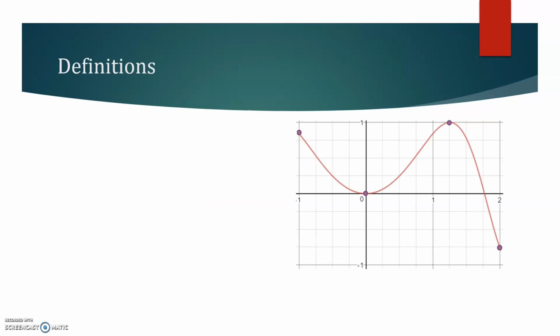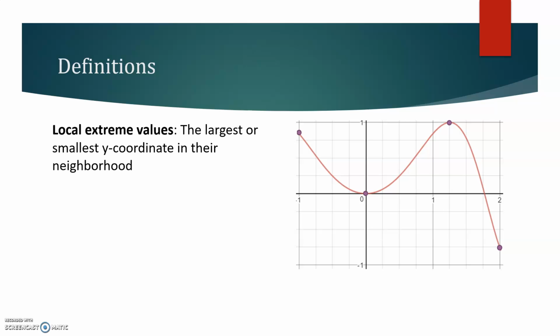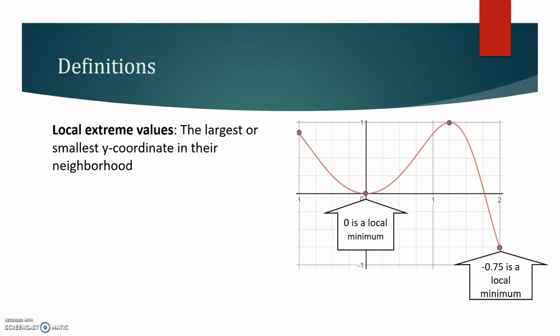Okay, a little bit of definitions. The local extreme values are the largest or smallest y coordinate in their neighborhood. So for this function, 0 is a local minimum because if I look at just this little region of the graph, 0 is the lowest value in that region.